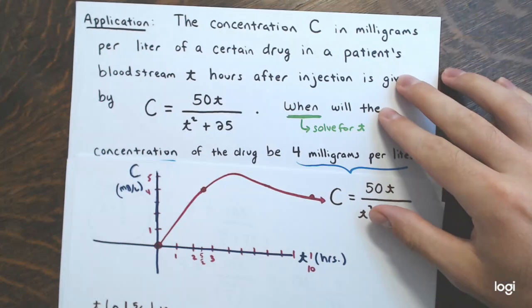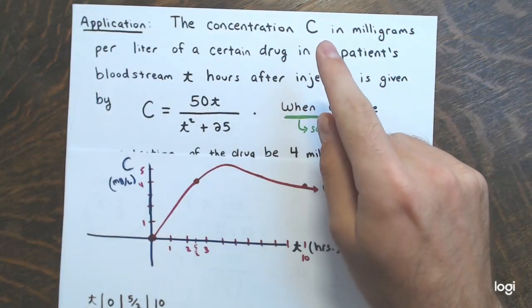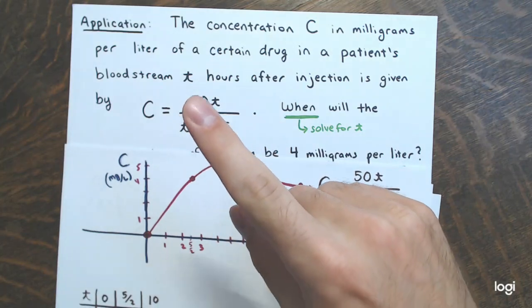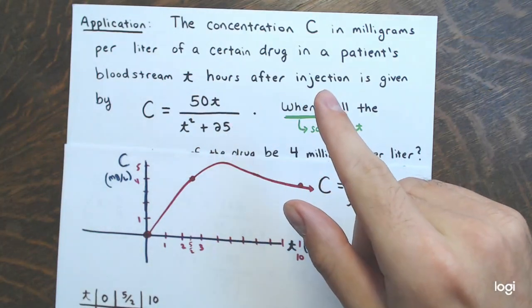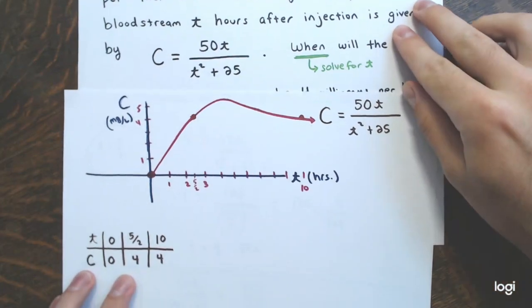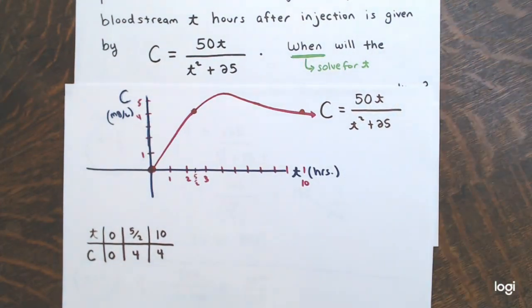Remember back to the original problem, C is the concentration in milligrams per liter of this drug in a patient's bloodstream, t hours after injection. This is kind of weird, perhaps. I honestly just pulled this from some book somewhere, which gave us an equation just so we could practice solving equations.